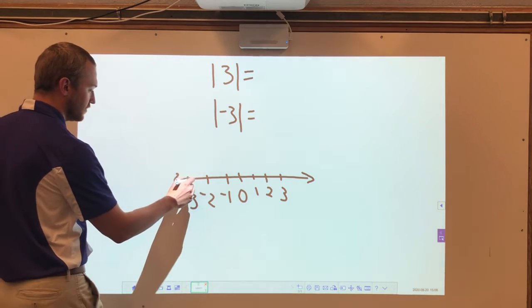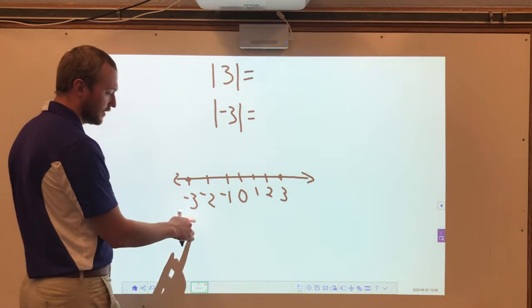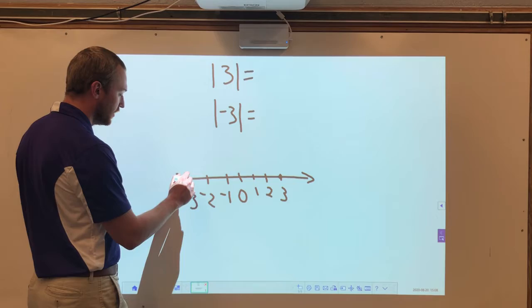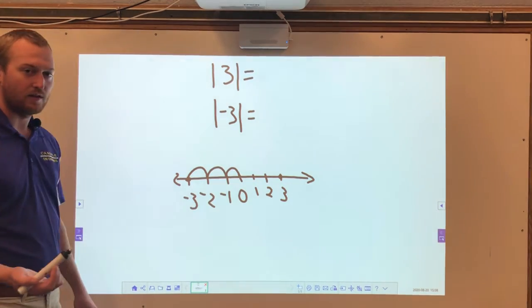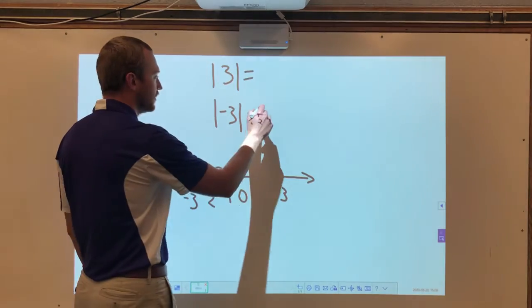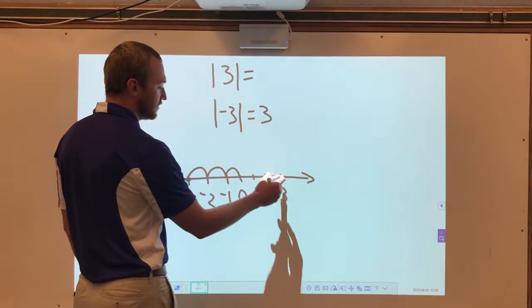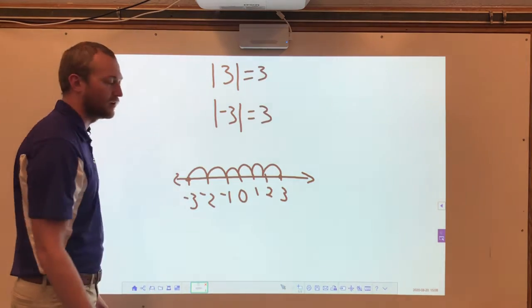We have these values here. How far away is negative 3 from 0? The way I like to visualize it is thinking, well, I'm moving 1, 2, 3. It's a distance of 3. It's 3 numbers away from 0. Same thing for positive 3, right? It's 1, 2, 3. 3 numbers away from 0.